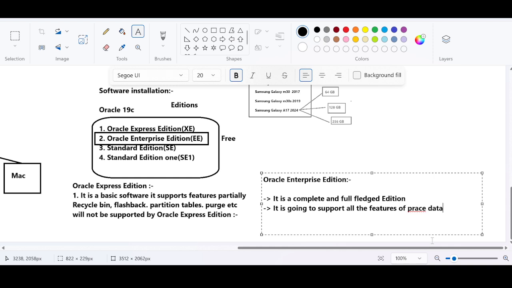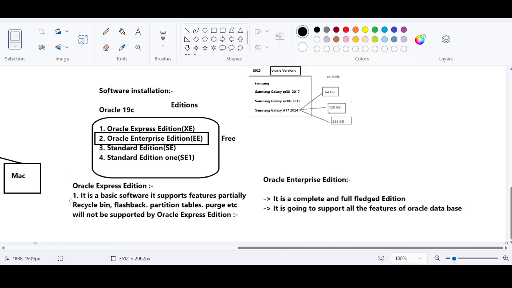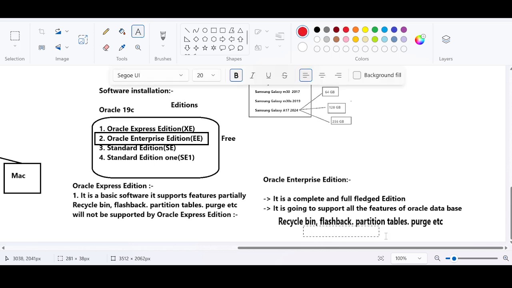Example, all these features: recycle bin, flashback, partitioned tables, etc. These things are completely supported here.